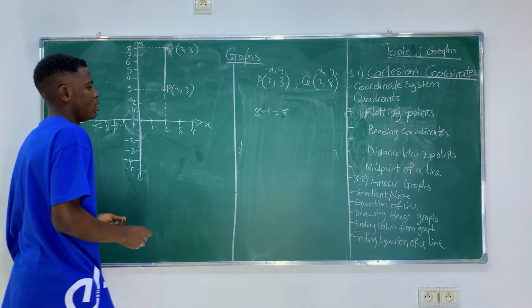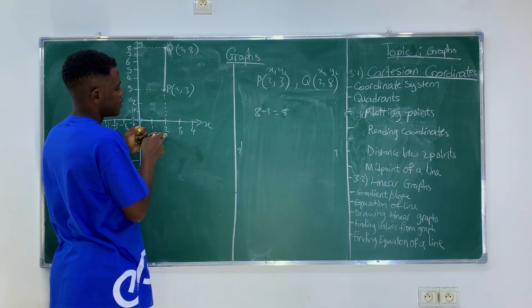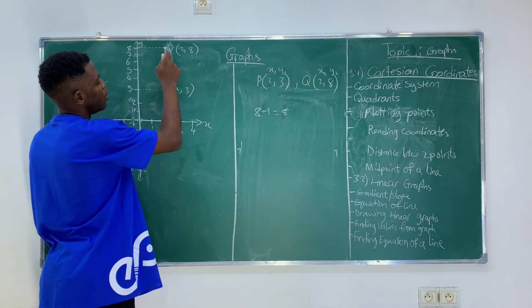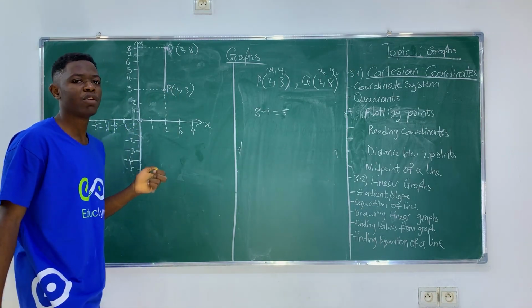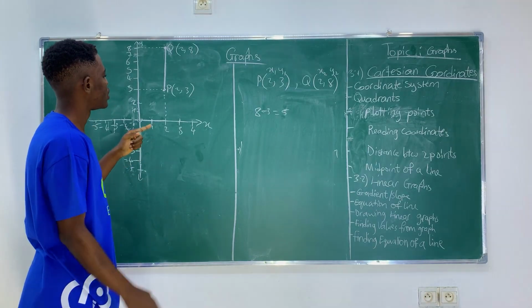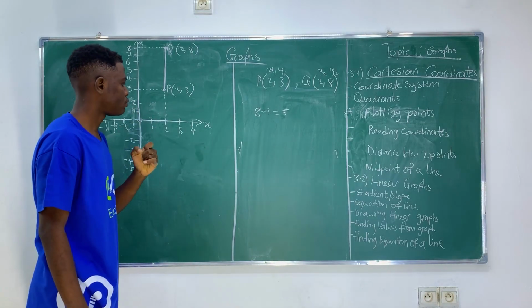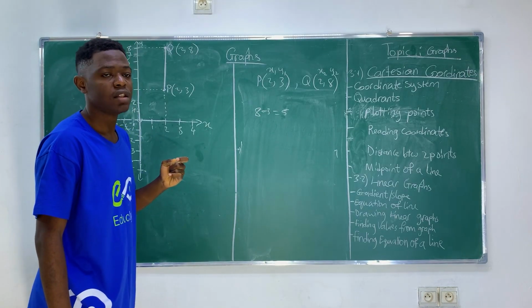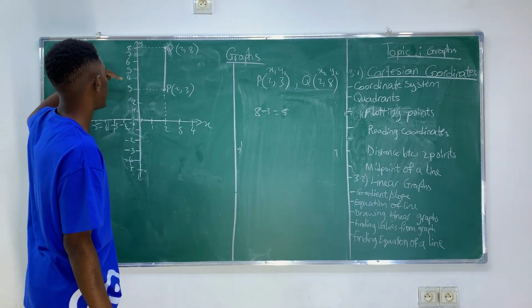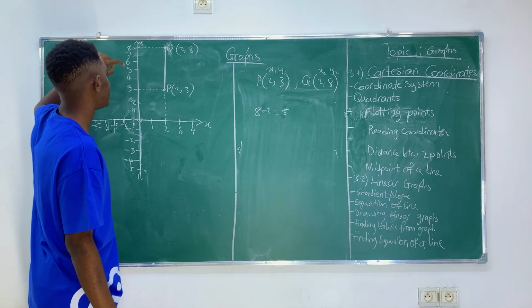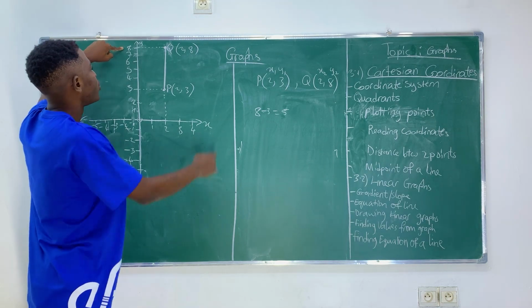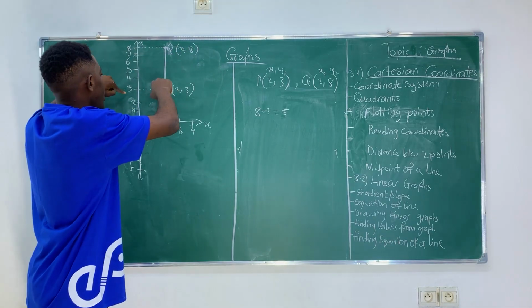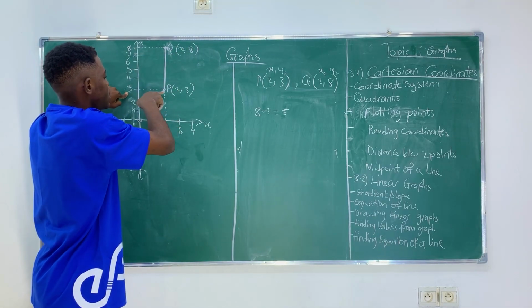Because on the x-axis, there is no difference between Q and P. Both of them fall on the 2. So the distance is just on the y-axis, because it is only on the y-axis that there is a difference. The y value for the point Q is 8. The y value for the point P is 3.